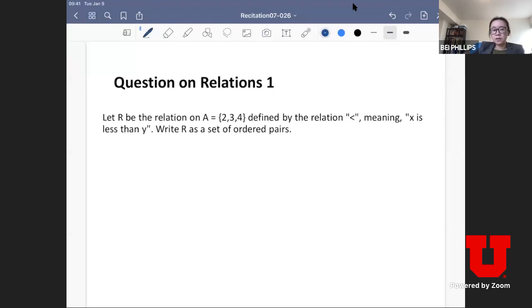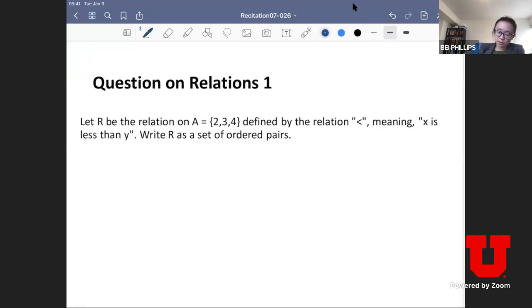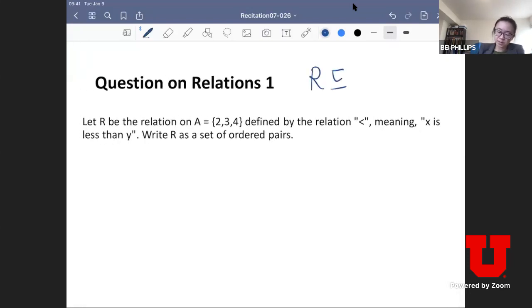So if R is a relation on the set A, which has 3 elements, whenever we talk about this, it's a subset of A cross A. So in other words, R is a set of ordered pairs, right? It takes an element from set A and another element from set A and forms a pair, which is connected by a relation. Here, the relation is X is less than Y, which is represented by the less than symbol.